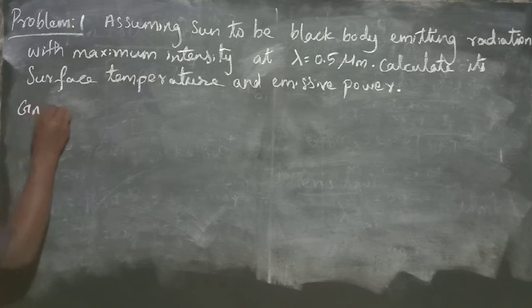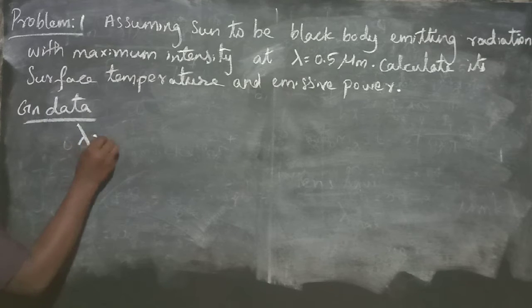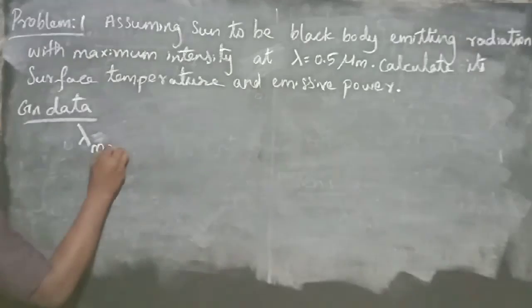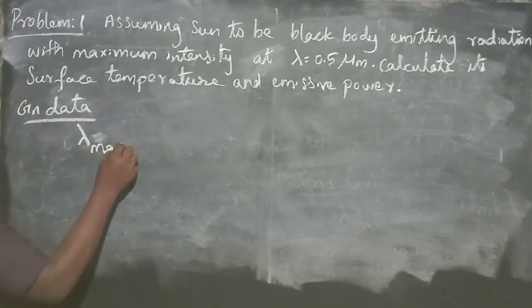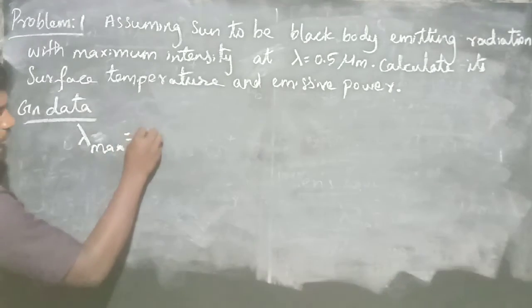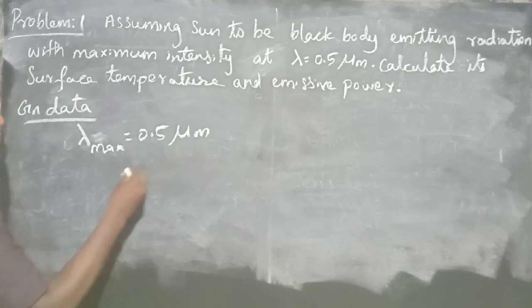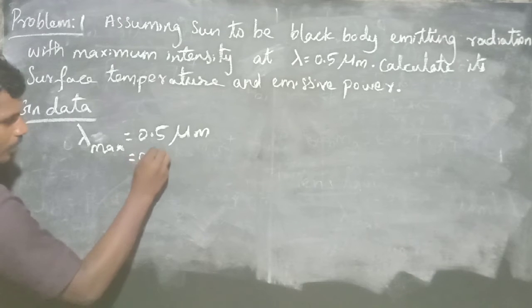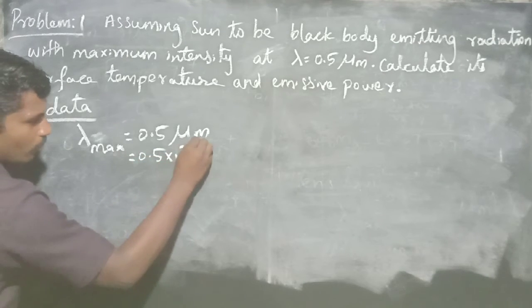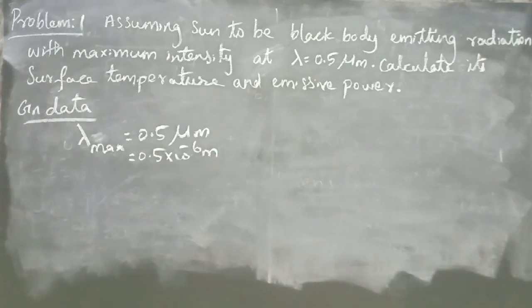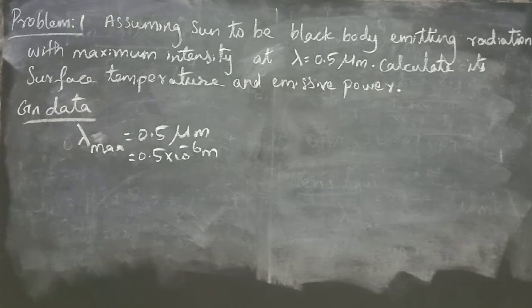The given data: lambda at maximum intensity, so it is lambda max, equal to 0.5 micrometer. We need to convert it into meters: 0.5 into 10 power minus 6 meter. No other data is given.